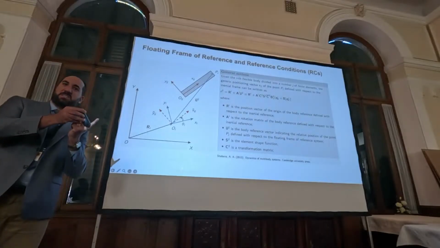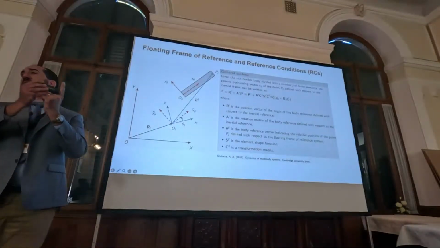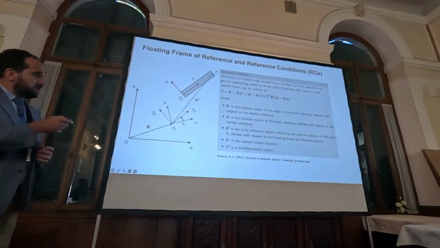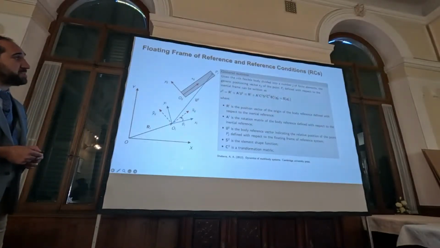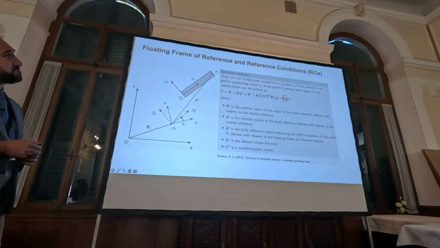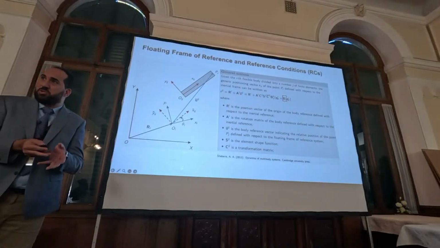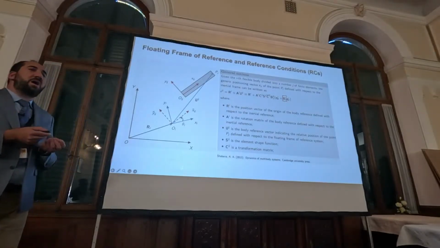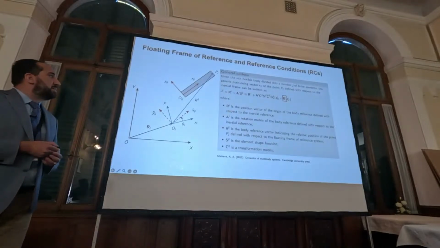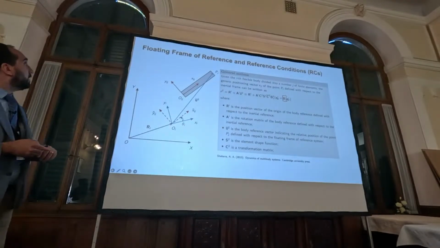Only in that case does the gross motion become the rigid body motion; in general it is not. It depends on a very important matrix called the reference condition matrix, in which you impose the reference conditions. The reference conditions are linear constraints that define the nature of the floating frame.